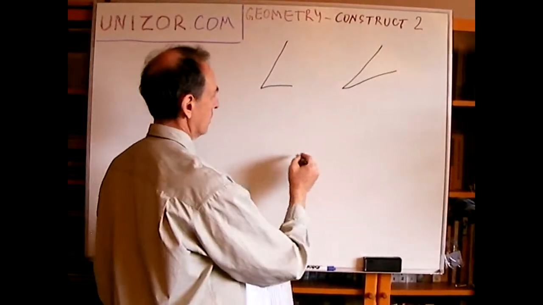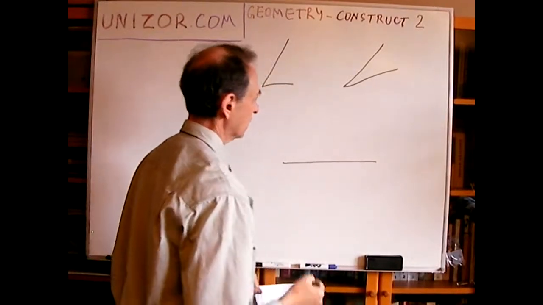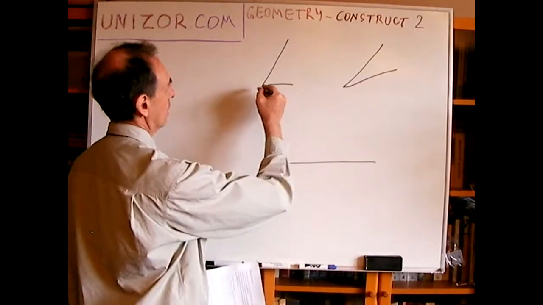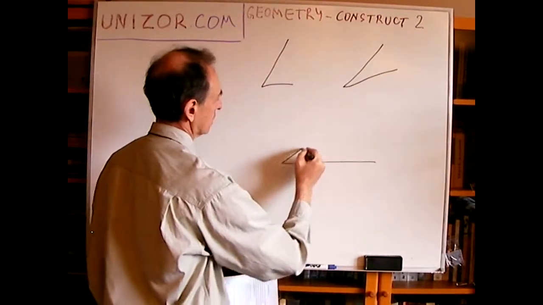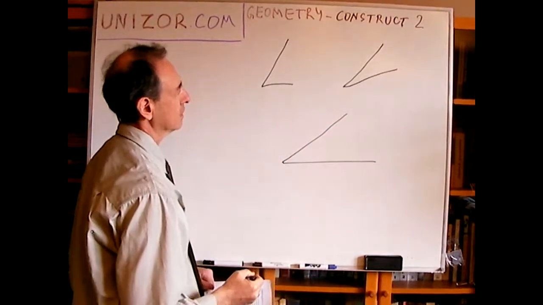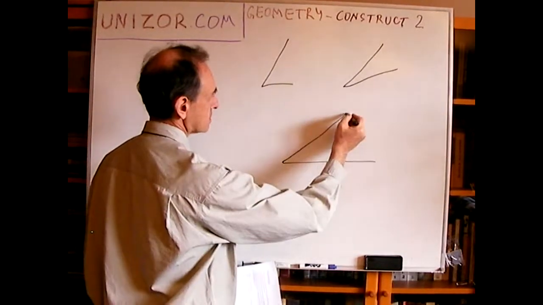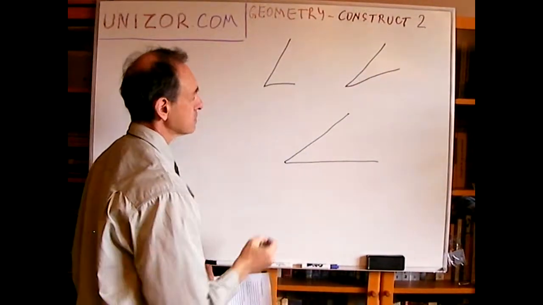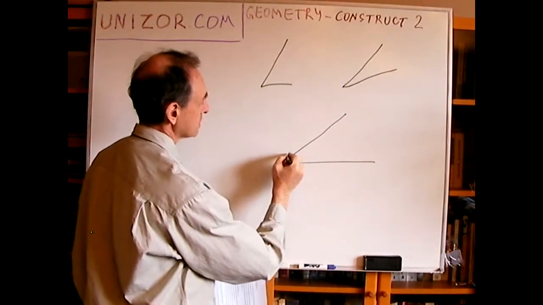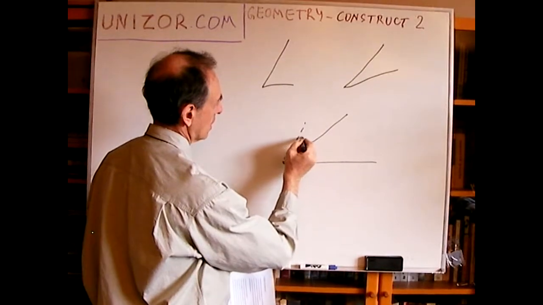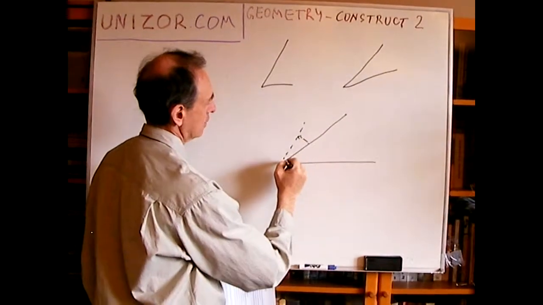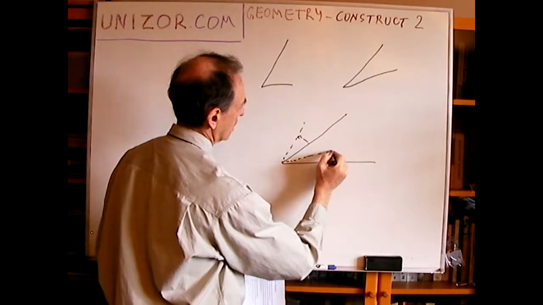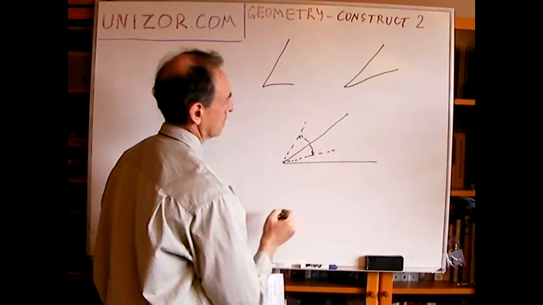Well, obviously, if you have an initial base ray, you build first an angle which is congruent to this one, and then using this ray, you build an angle congruent to this one, but instead of going in the same direction, you actually go the opposite way.